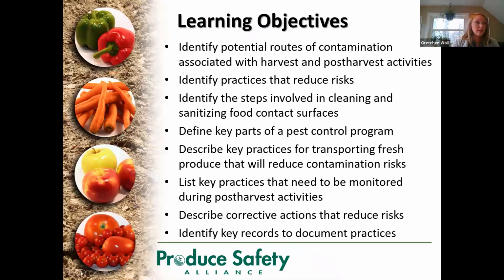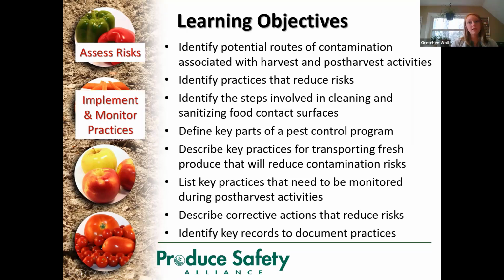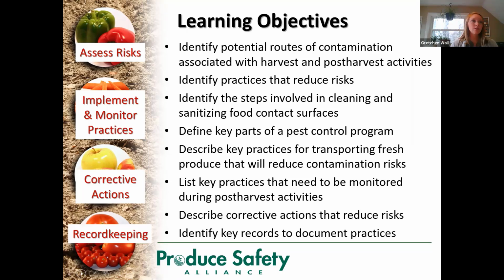As with all previous modules, if you've attended any of these sessions, I think we've really tried to hammer home the fact that there is a flow that every one of these modules follows. And we start out by assessing the risks, then move on to implementing and monitoring practices, moving on to corrective actions, and then lastly, we'll get into the record keeping.